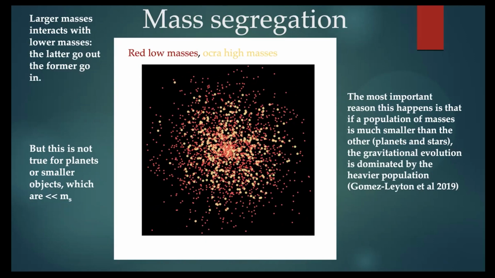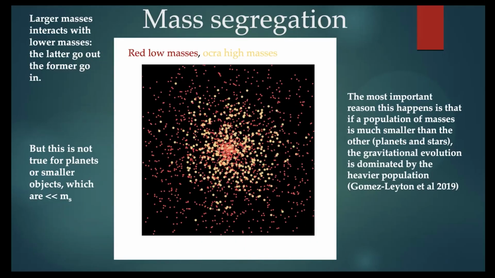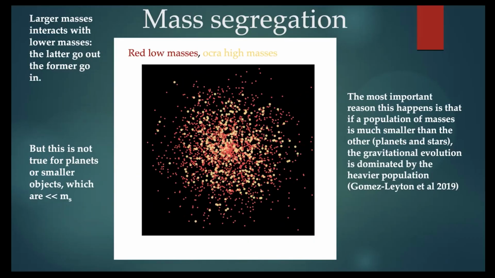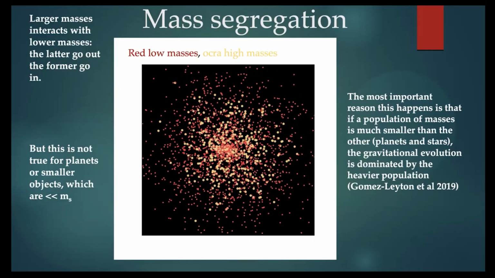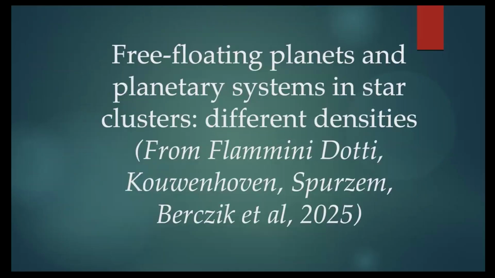When they encounter a star, there is not enough exchange between the two to make a difference in the overall evolution. As Gomez-Leighton say, all the gravity is dominated by the heavy population. There are two papers on these methods: one is published, which I am going to present to you, and the next one has been accepted recently, so maybe one of you reviewed it.